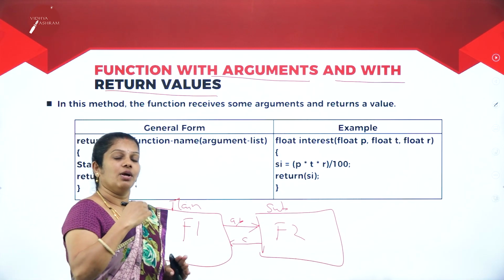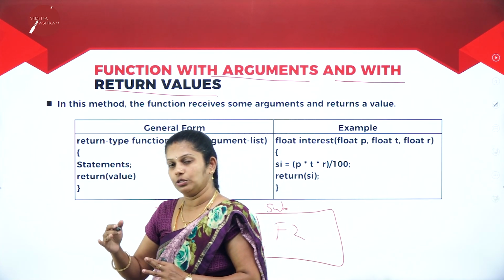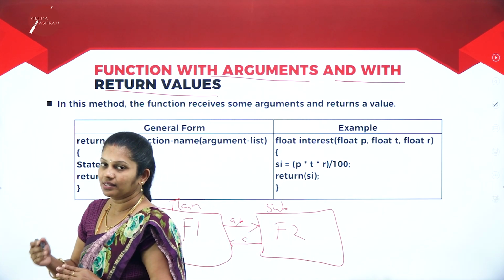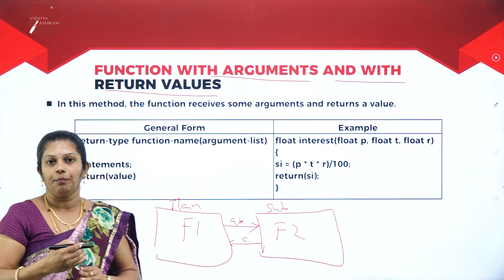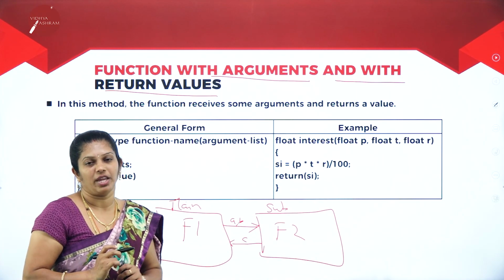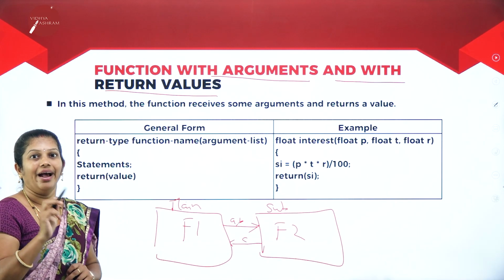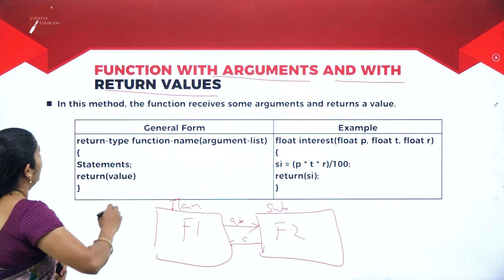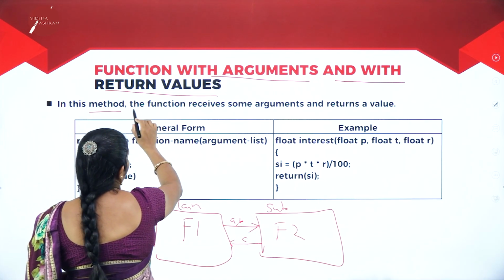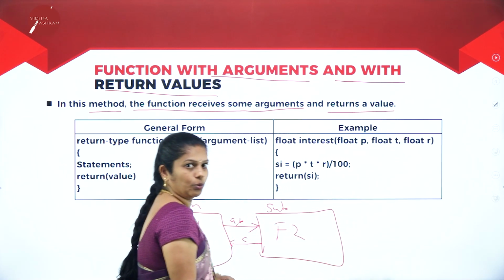It means that from both sides, values are passing. From main program to subprogram we can pass the arguments, as well as from subprogram, after calculation, we can send the result to the main program. In this method, the function receives some arguments and returns a value also.